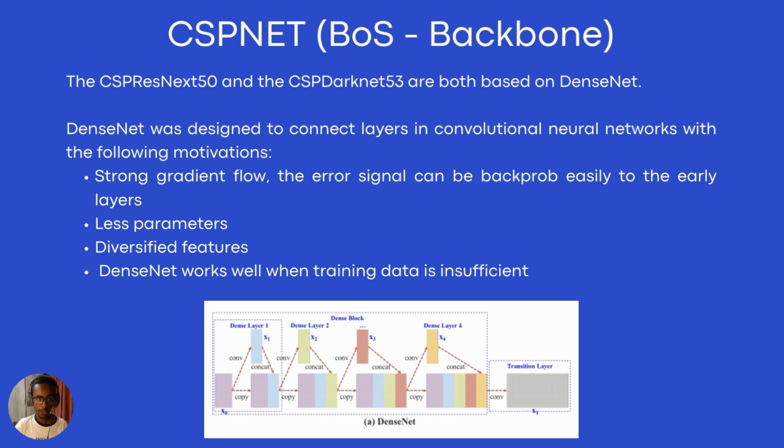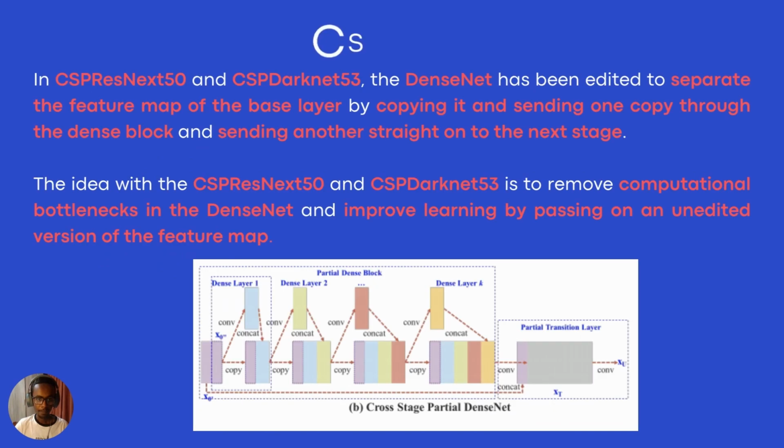It has fewer parameters compared to the ResNet network because there is a growth factor of k, and that's constant, so we will have a smaller number of parameters. We'll have diversified features. We can segregate between different feature maps, and DenseNet works well when training data is insufficient. So when we don't have a lot of training data, DenseNet will be the best architecture or network for our task.